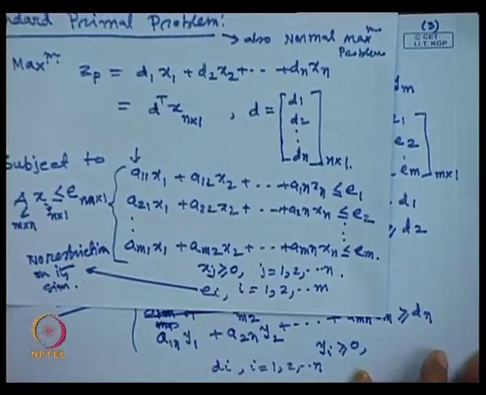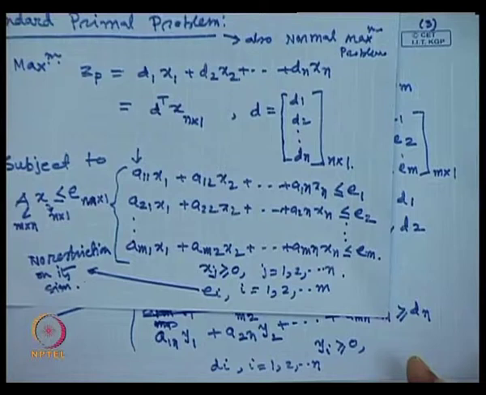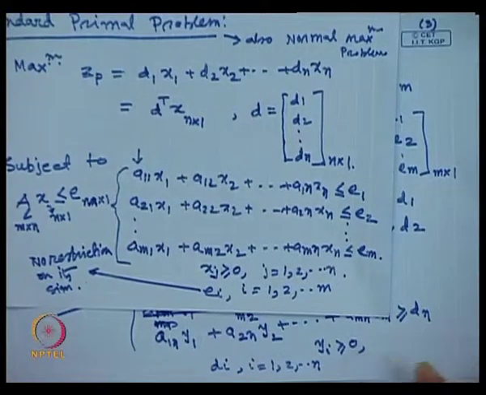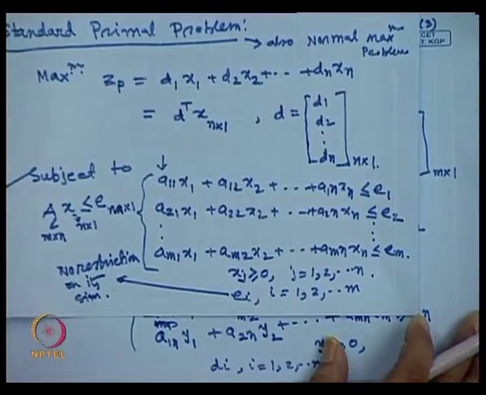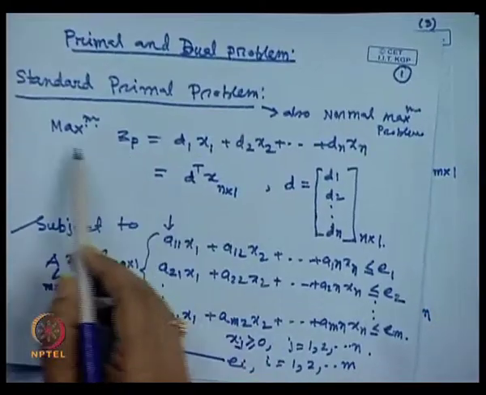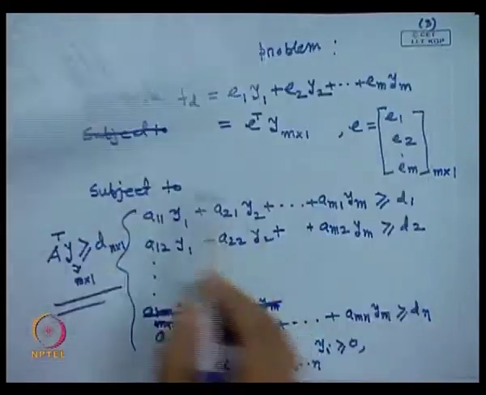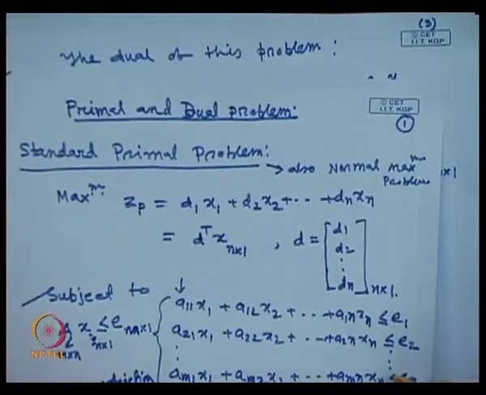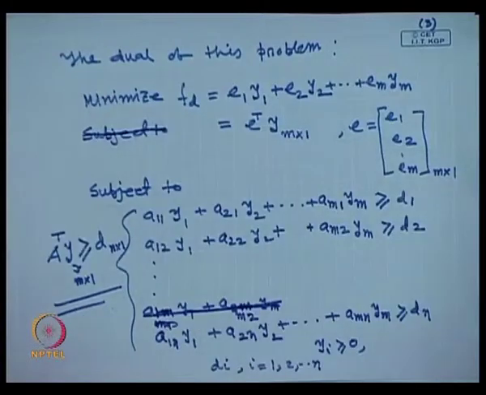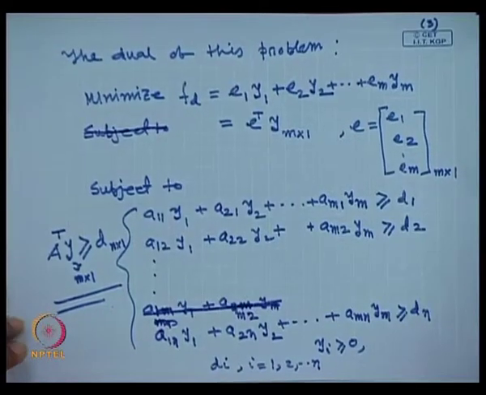And a minimization or maximization problem in the primal becomes a minimization or maximization problem in the dual. So you see the maximization problem now becomes a minimization problem in the dual. These are the observations we got.